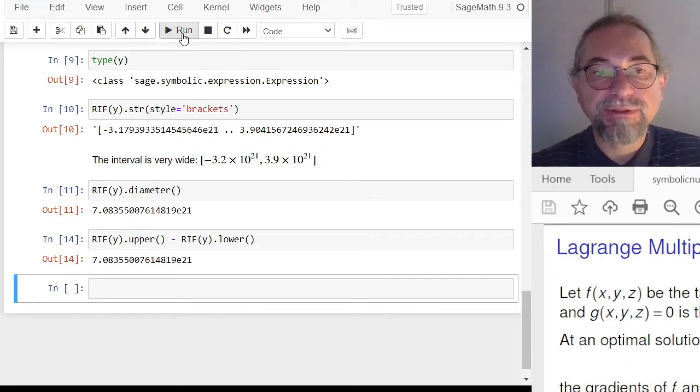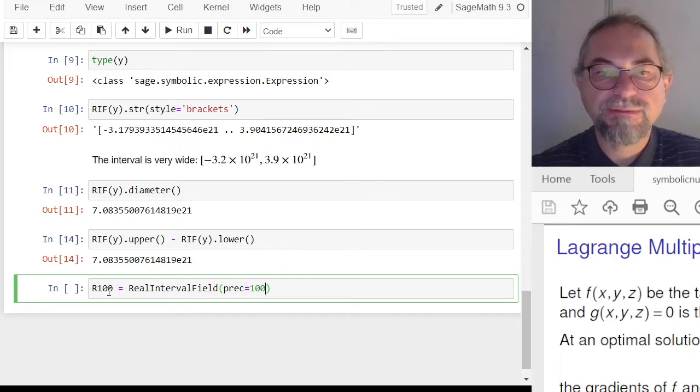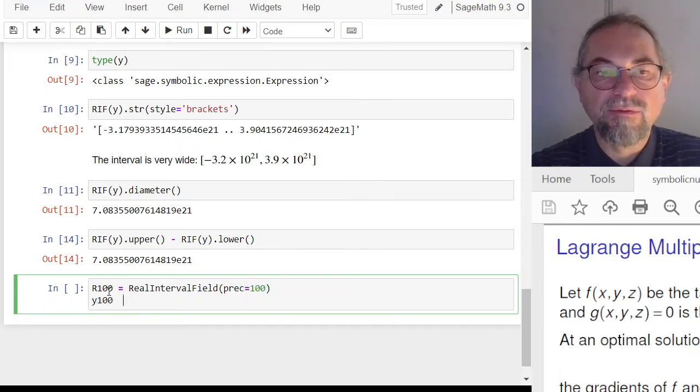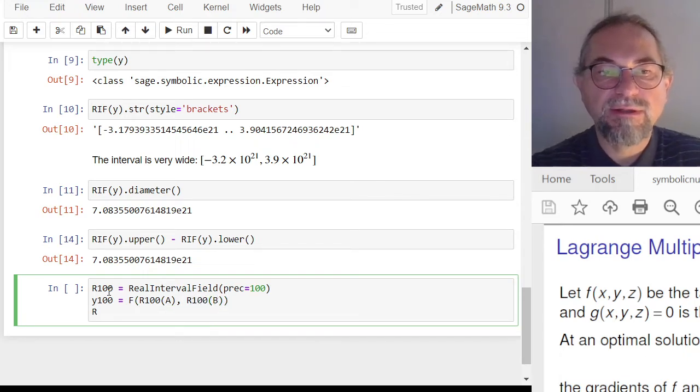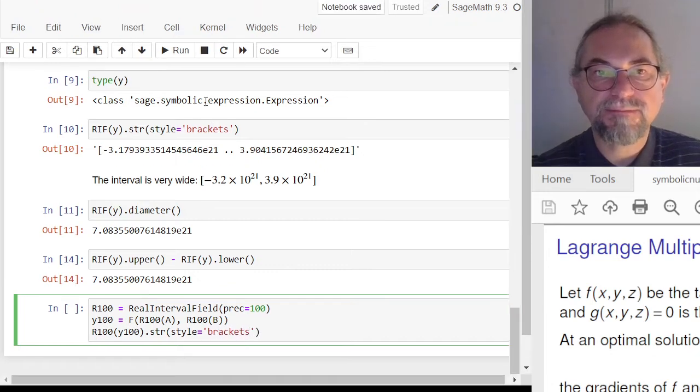Okay, let me double the precision. So I'm going to work with a real interval field of 100 bits. Evaluating the function in that precision is accomplished by converting the arguments, and then the outcome is an expression, and I have to print this to see the error with the brackets.